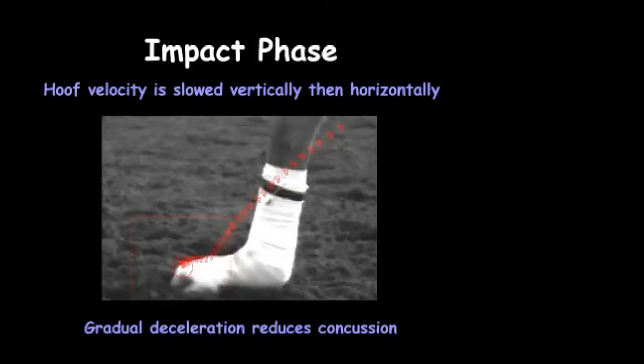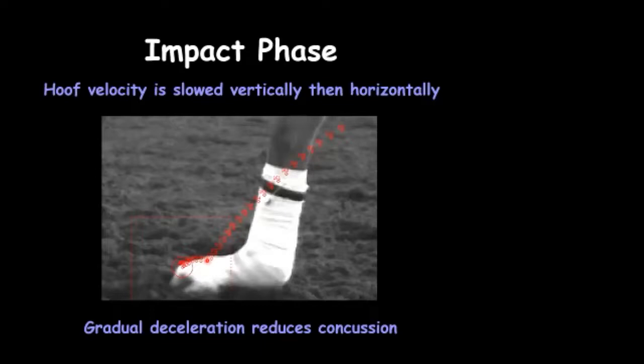So each of these little red diamonds represents the position of the horse's coronet in one frame of this video. And you can see that as the leg is coming down towards the ground, it's moving forwards and downwards. And then the hoof hits the ground and it stops moving downwards.